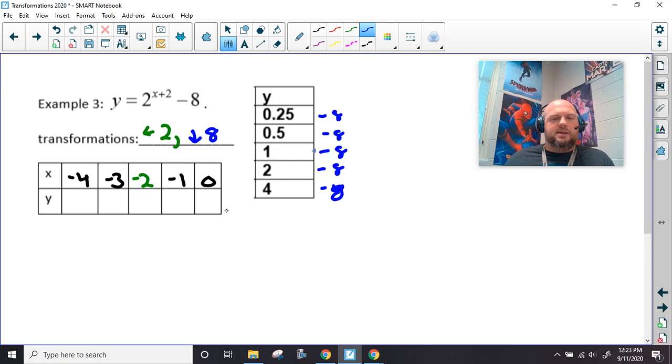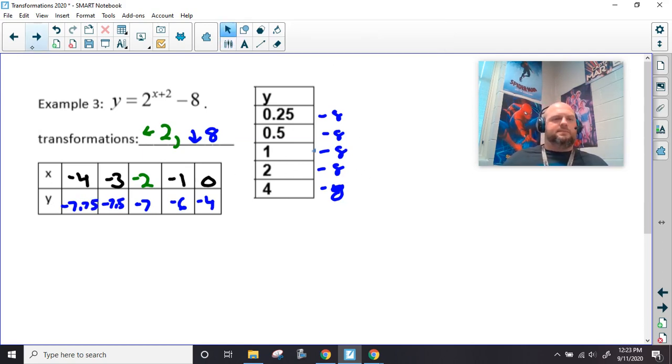Can't write for some reason. I'm going to work backwards because it seems easier. This is negative 7.5. This is negative 7.75. And all I did was just take these values, subtract 8.